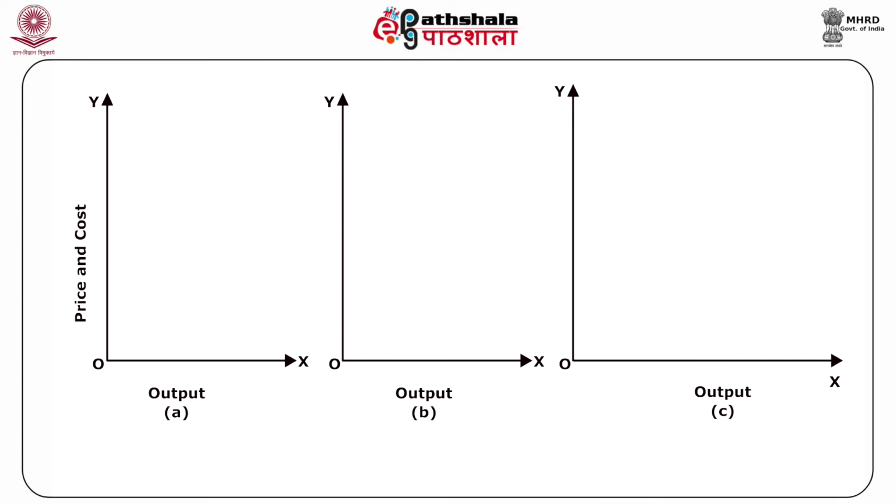Here, the objective of cartel is to maximize the joint profits of the member firms. Now, the job of the cartel is to estimate the demand curve of the industry's product and to decide which firm will produce how much of the total output.